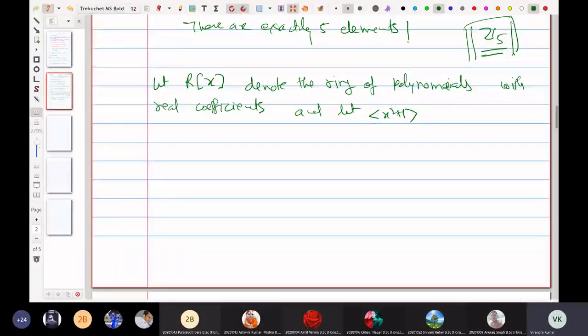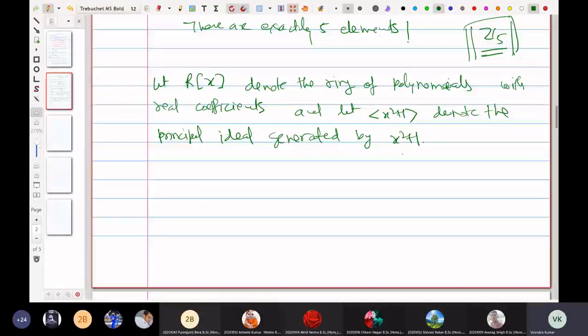According to the definition of a principal ideal, let this denote the principal ideal generated by x square plus 1.